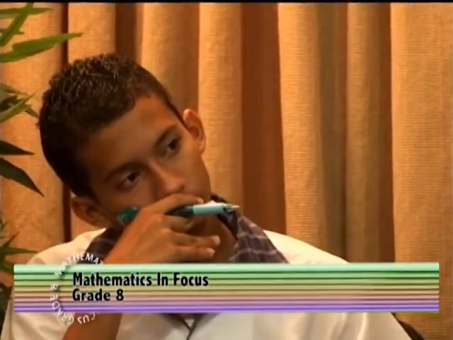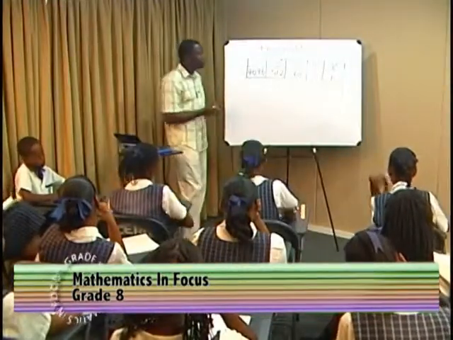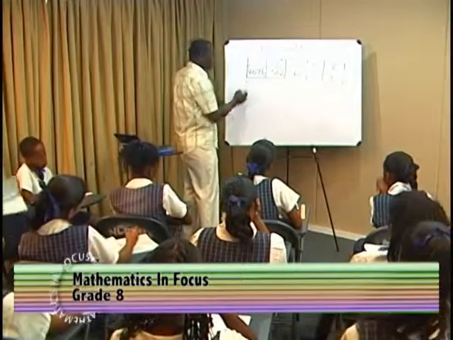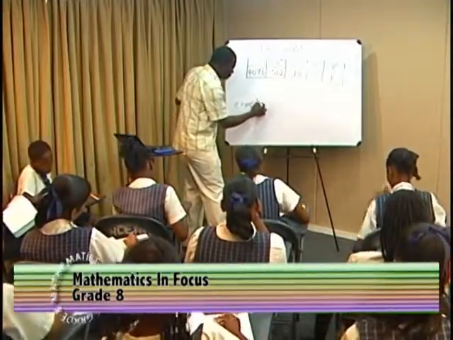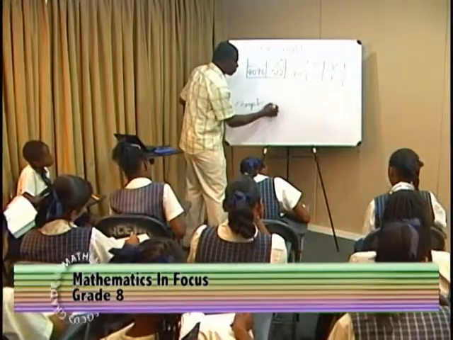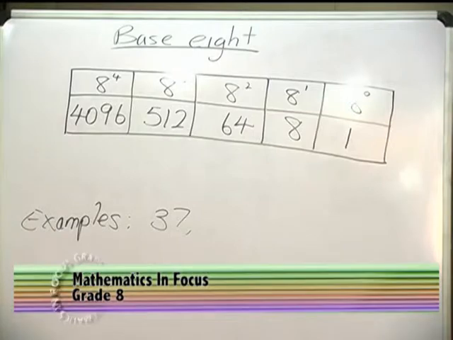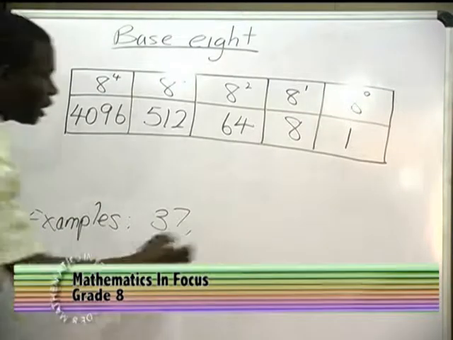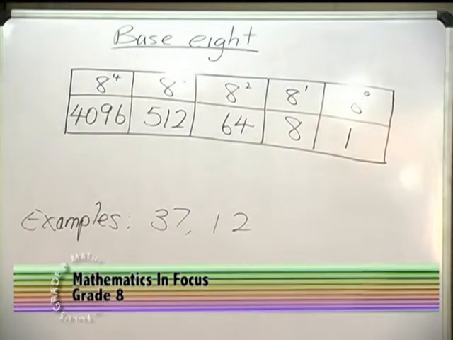So if we're going to consider two numbers, let us consider base 8 numbers. The number 37, and we have 1, 2, 6, 0.